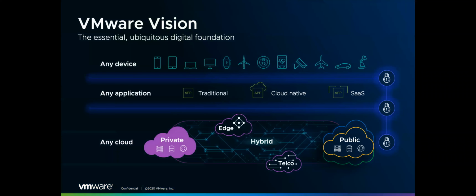First off, I want to just touch on VMware's vision. Within the security organization, we have to focus on ultimately the VMware vision and really accounting for any device, any application, and any cloud. So as we're evaluating security solutions and driving these initiatives, we need to make sure that the solution is scalable within this type of environment. Looking at mobile workloads, virtualized systems, desktops, VDI, laptops, as well as any application.